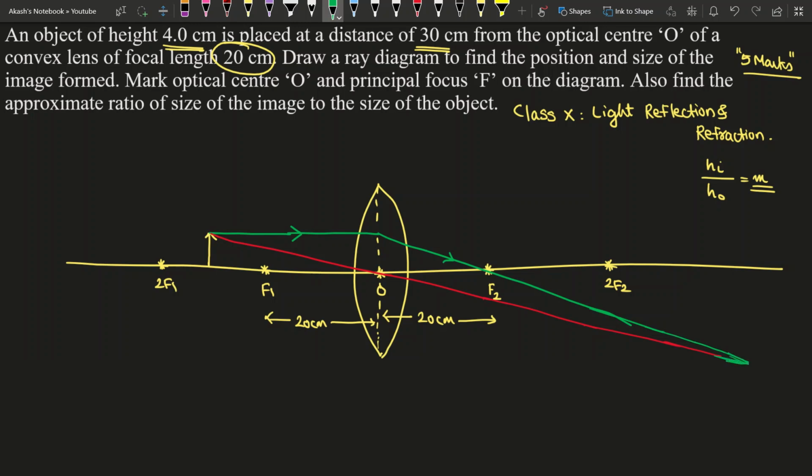Both the refracted rays are getting coincided here, so the image formation takes place. It should be a straight line. It is going to be the image.